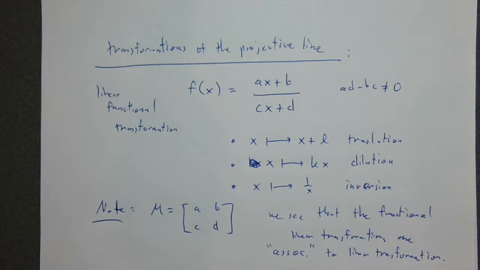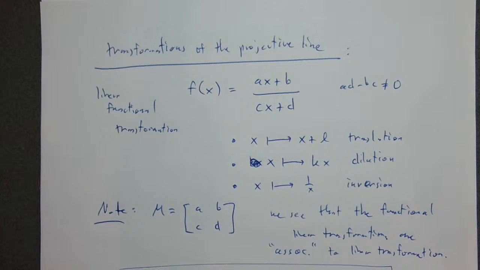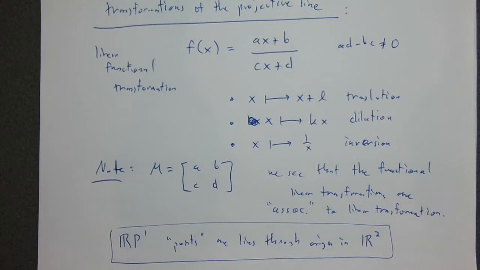Okay, so we could do the same thing with RP1. And so for RP1, you could say the points are lines through the origin in the plane, R2. So this is one way we could think about it.